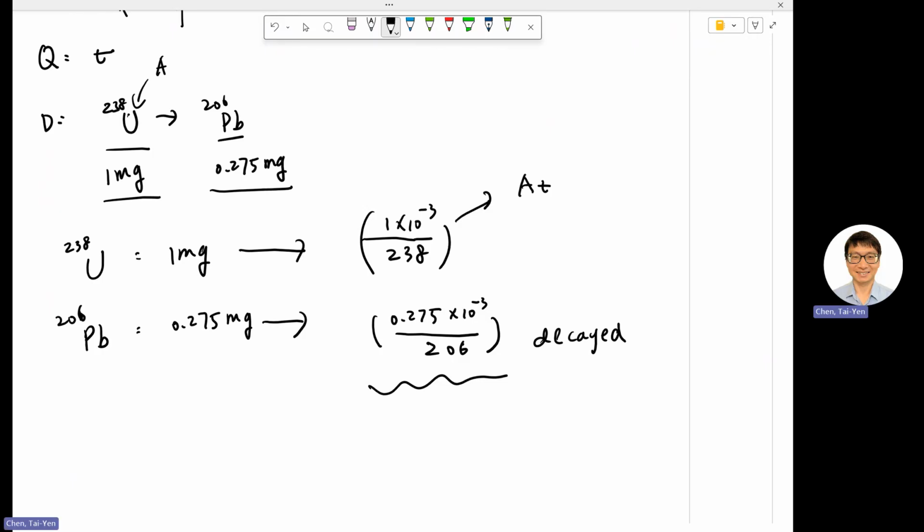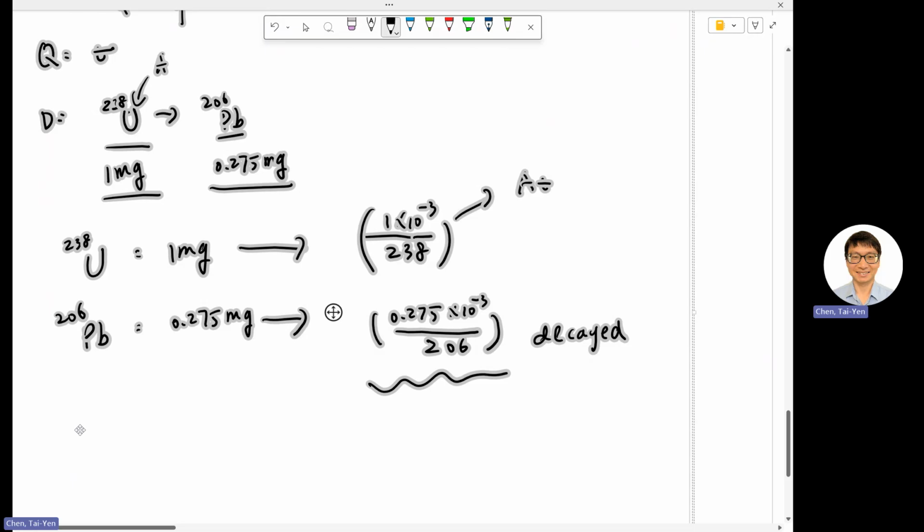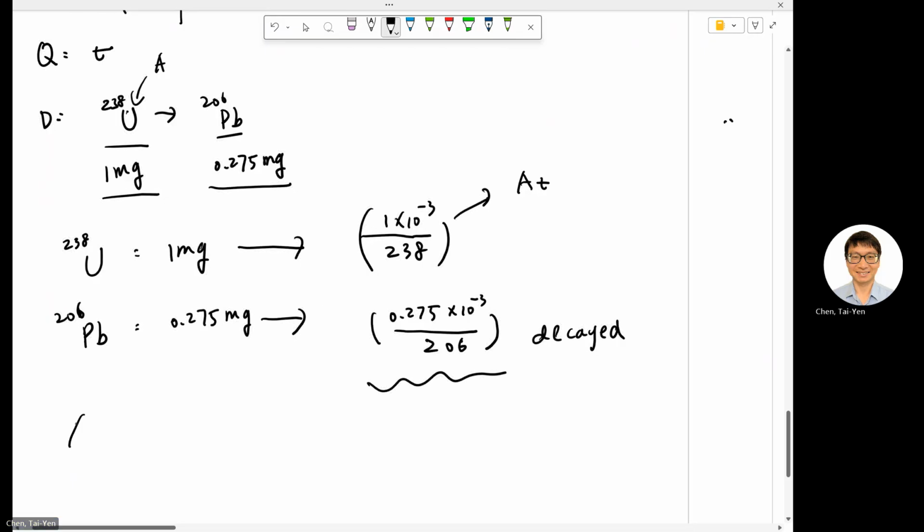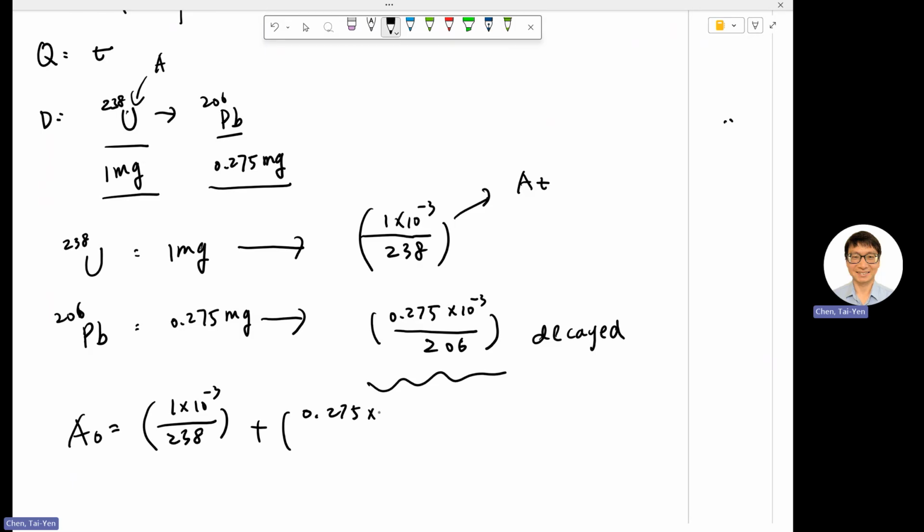It will be the sum of the two. Does that make sense to you? Therefore, your A0 will simply equal 1 times 10 to the negative 3 over 238 plus 0.275 times 10 to the negative 3 over 206. That will be your A0.